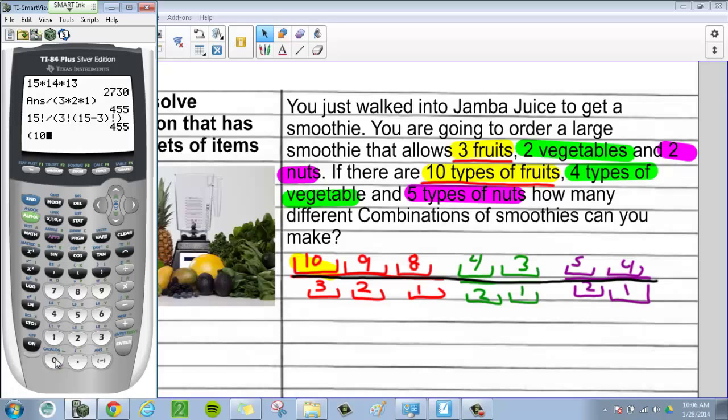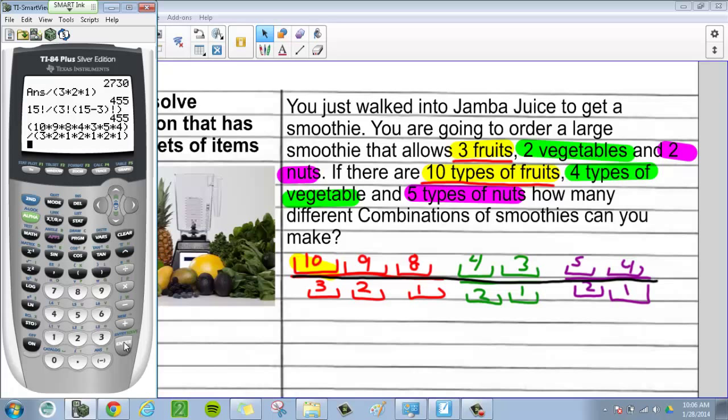I got 10 times 9 times 8 times 4 times 3 times 5 times 4. End the parenthesis, divided by, start the parenthesis back up, 3 times 2 times 1 times 2 times 1 times 2 times 1. Oh, I got it all in there.